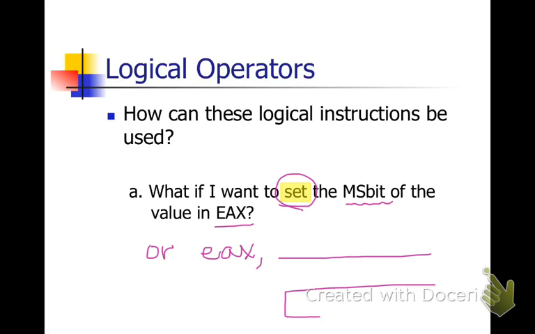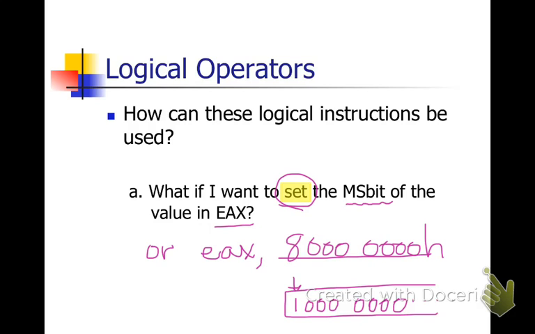So if I look at the high order byte of EAX, the only bit I want set in the mask is the most significant bit. Okay, so that's going to translate into a mask of 80000000. Okay? Alright, well, hopefully this is making a little bit more sense.